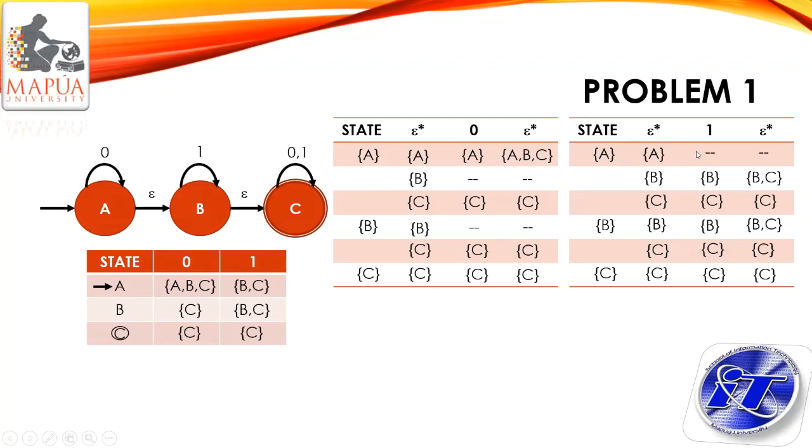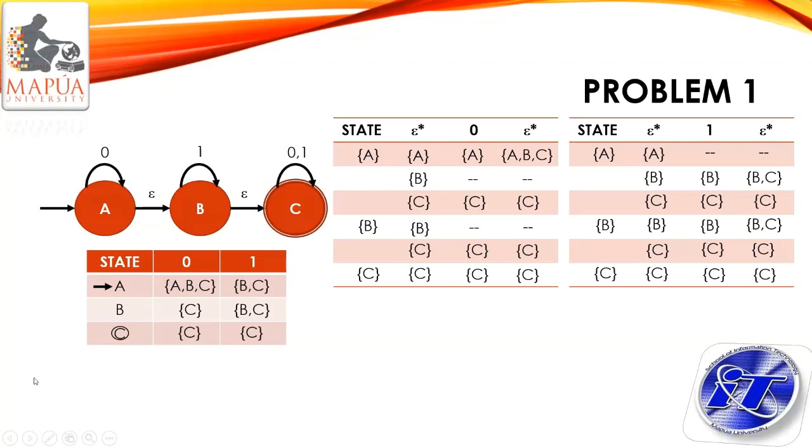And C at 1 will just loop within itself, so that's why C. For B, if it's 1, it will end with B, and B could reach both B and C, so the final transition will be BC for B. And for C, it's just 1, so C is C.